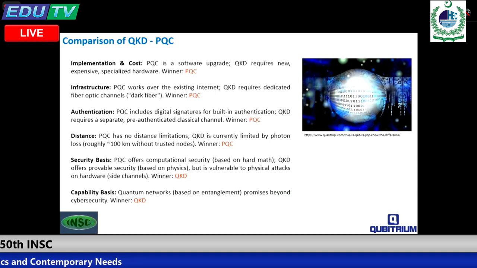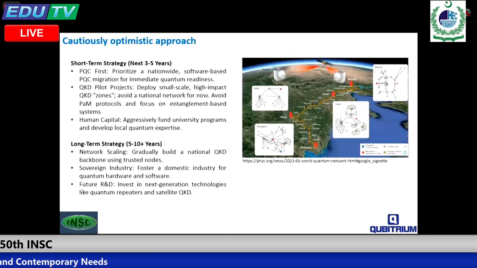And I think this part is very important. It's relatively easy. It just depends on one decision for a nation to be ready for PQC implementations.